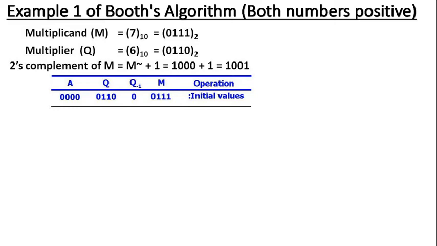Rather, on these values, the arithmetic shift right operation will be performed straightaway, and this arithmetic shift right operation will be on the concatenated data of register A, register Q and Q minus 1, a total of 9 bits. This is all about the first iteration.